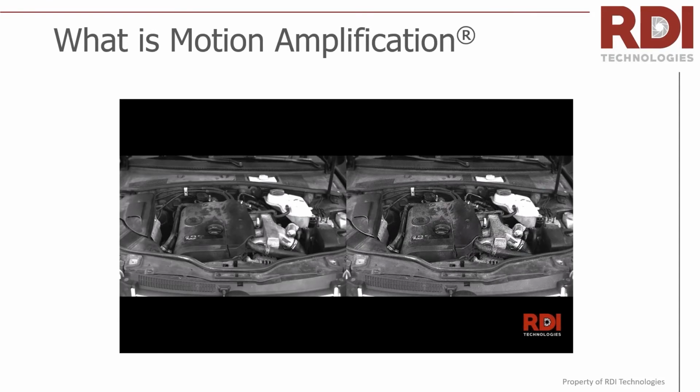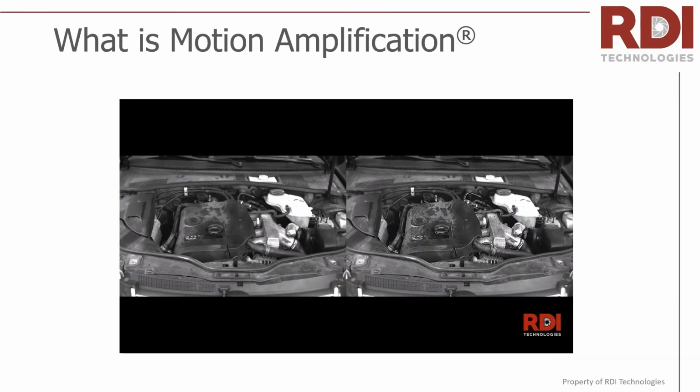So what is motion amplification? It's essentially turning a camera into a vibration sensor, a displacement sensor, where you take millions of pixels and turn them all into sensors. Then we measure motion everywhere, and we do that very quickly and very efficiently. Then we can do something like this, where the left-hand side is the regular video and the right-hand side is the motion amplification video that lets you see the motions, because once we can quantify them, we can make them bigger in the video.